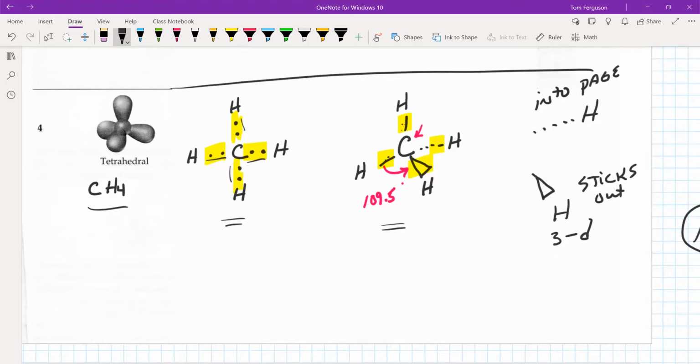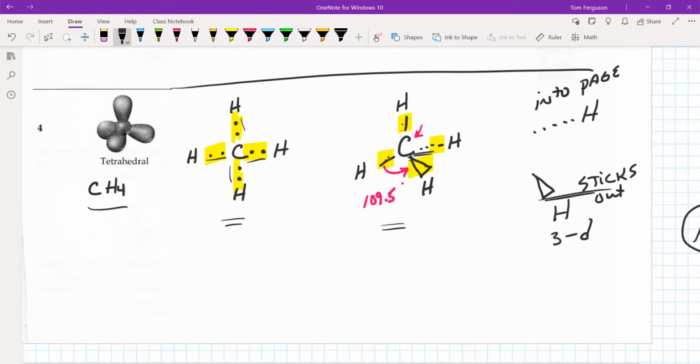And then another one is going to stick out here, represented by this triangle. Triangle sticks out. The dotted one goes into the page. So now we have a 3-dimensional, it's like a pyramid, a 4-sided pyramid or a tetrahedral.